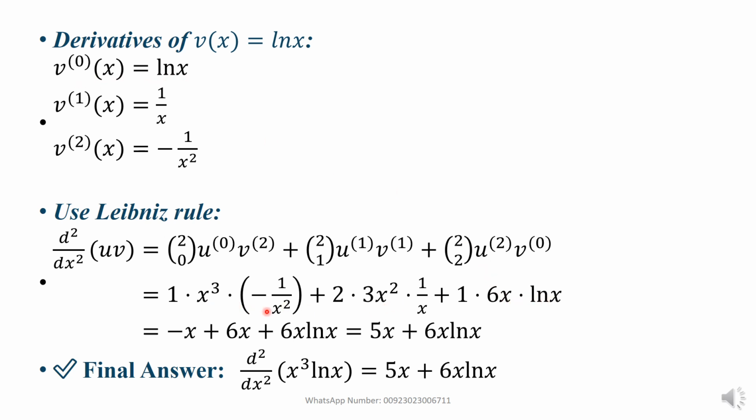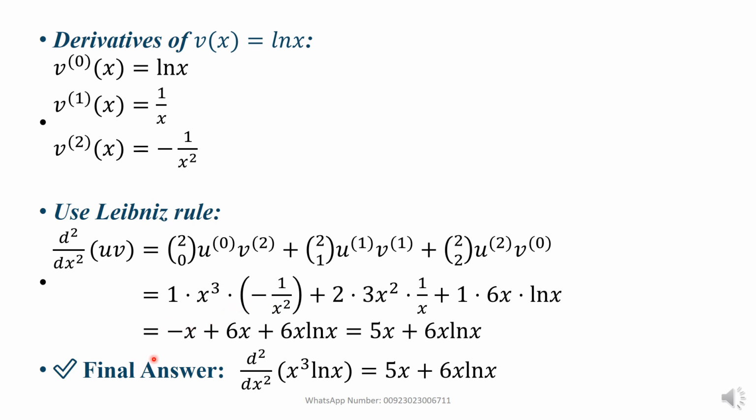Now we simplify. You can see here is given x square and x power 3. Then x square and x power 3 can be cancelled, we get x. You can simplify the power, 3 minus 2 we get 1.